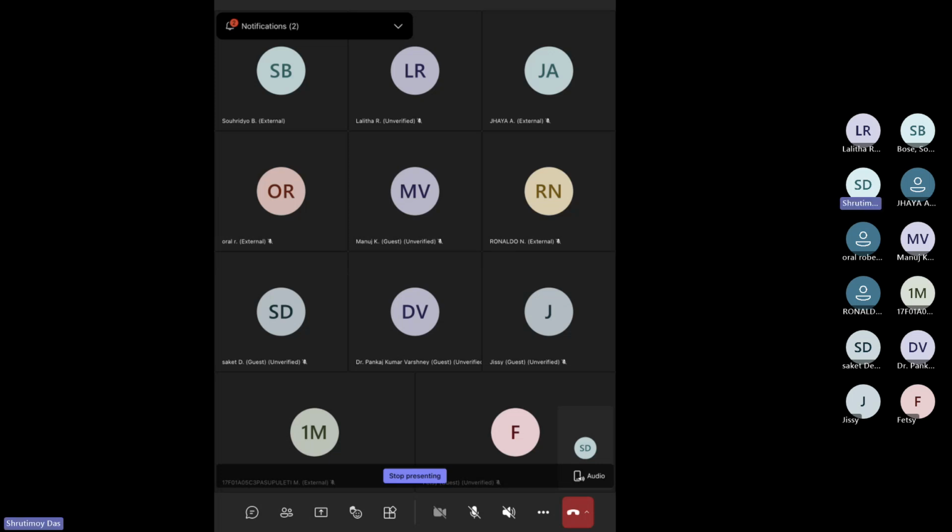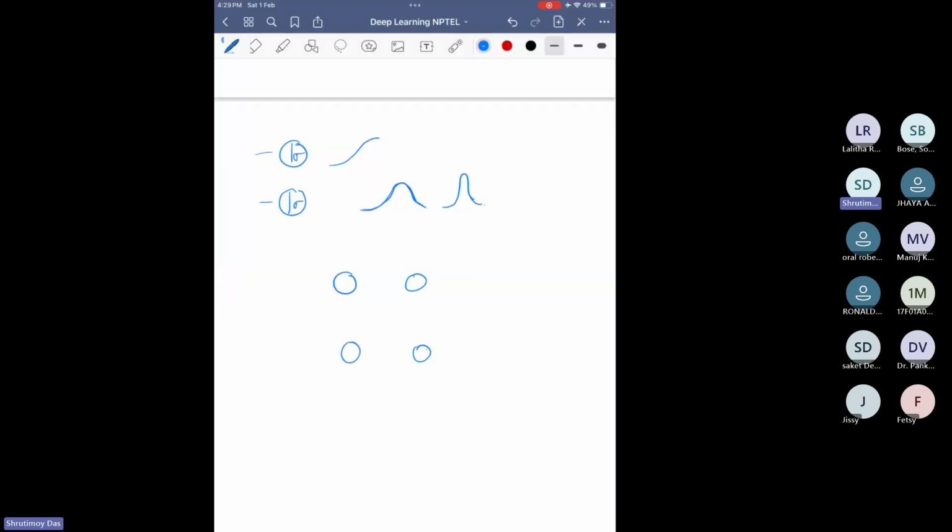Suppose you have a small neural network, something like this, and let us say some output here. So you have x1, x2, and this is your hidden layer, h1, h2. And these are your weights w11, w12, w21, w22.